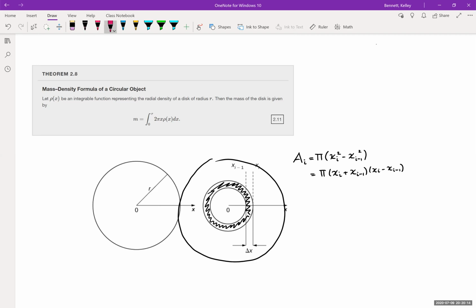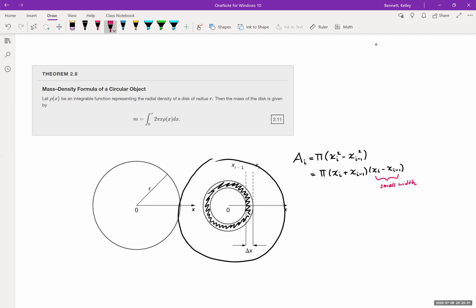As before, this distance here is just our small width. So when we're looking ahead to the integral that this will become, this is going to become our dx.